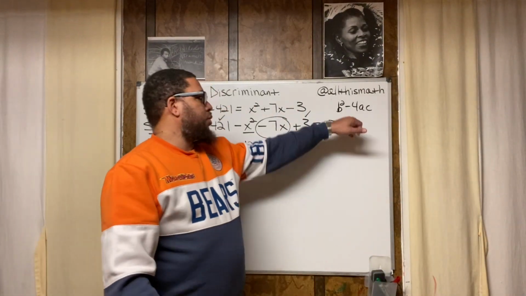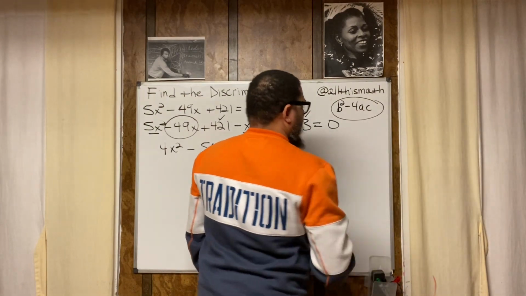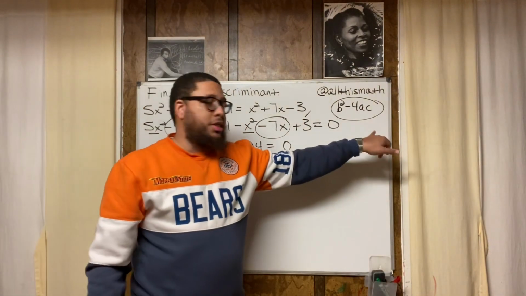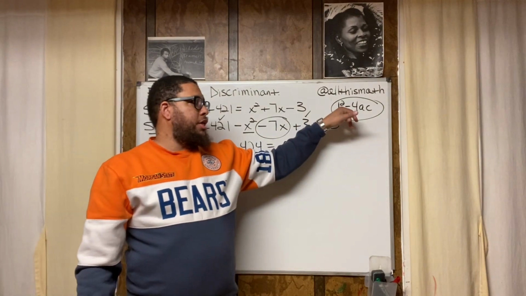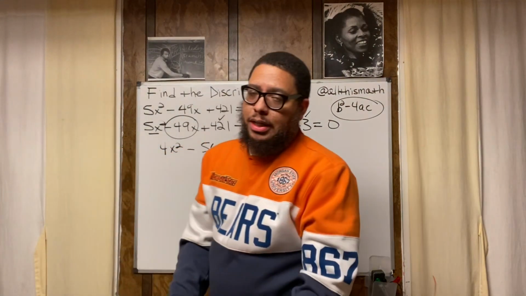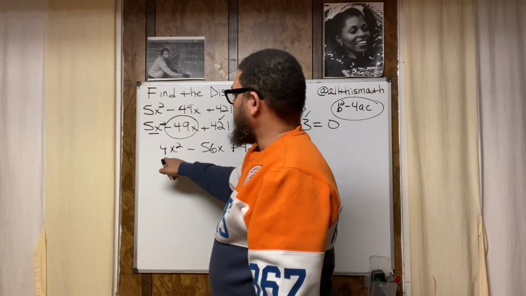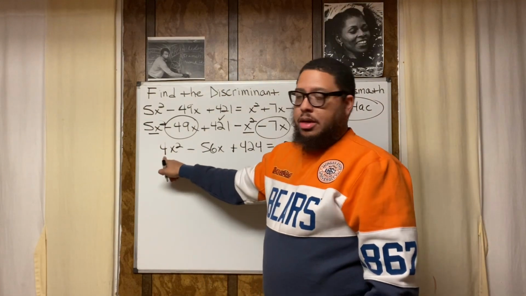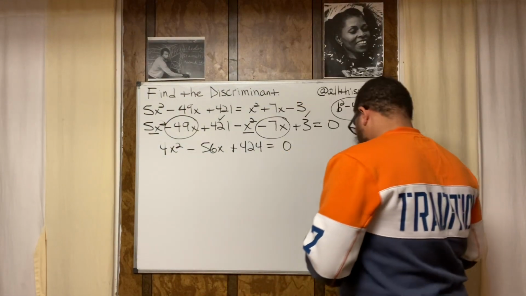So now we go to this formula. B squared minus 4AC. Now, what you need to know in order to use this is, you need to know what numbers B represents, and A represents, and C represents. That's why you had to put it in standard form. Because once you put it in standard form, you know that the coefficient of the x squared term, that's your A value.